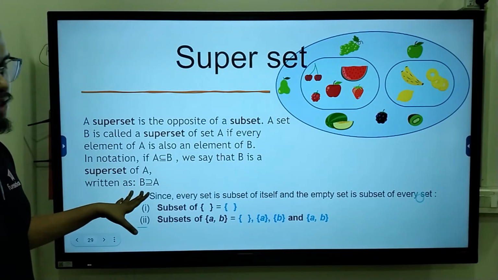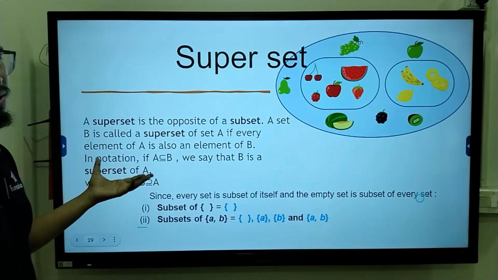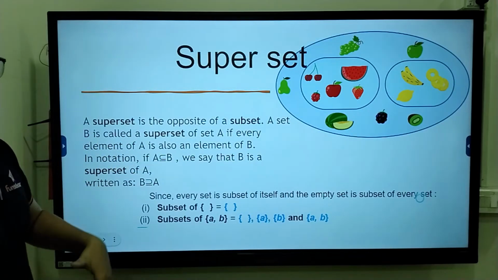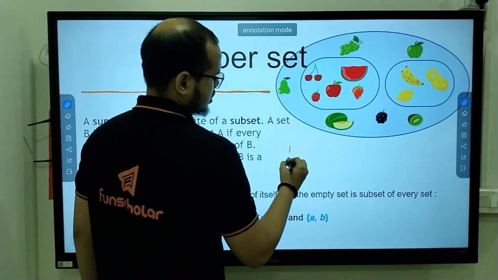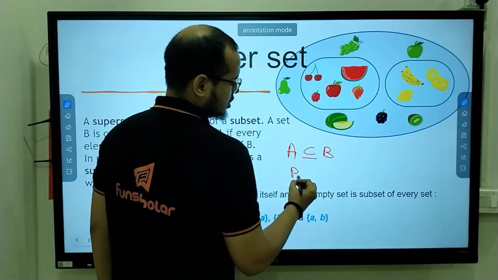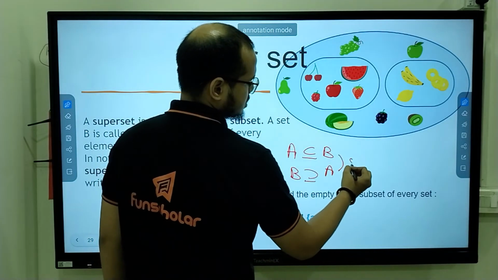I don't know what to call this sign, but you will practice and you will be calling it like that. A is a subset of B, B is a superset of A. So see, this is something that is very important. If A is a subset of B, B already becomes a superset of A. This and this are the same.